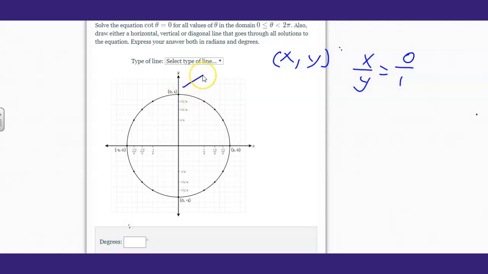So cotangent equals 0 is right here at 90 degrees, which is pi over 2, and down here at 270 degrees or 3 pi over 2.